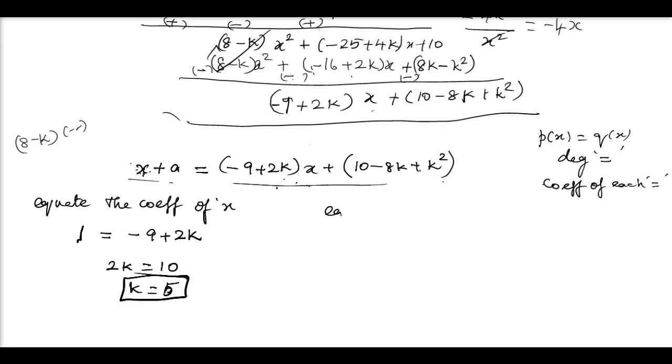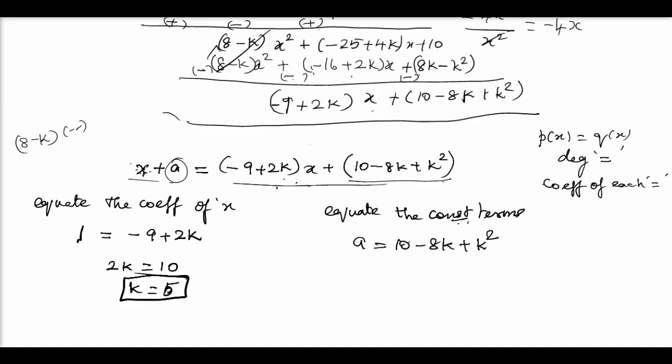Now we'll equate the constant terms on both sides. So the constant term on the left side is a. So a is equal to the constant term on the right side, 10 minus 8k plus k square. And I have got the value of k as 5. So this is equal to 10 minus 8 into 5 plus 5 square.